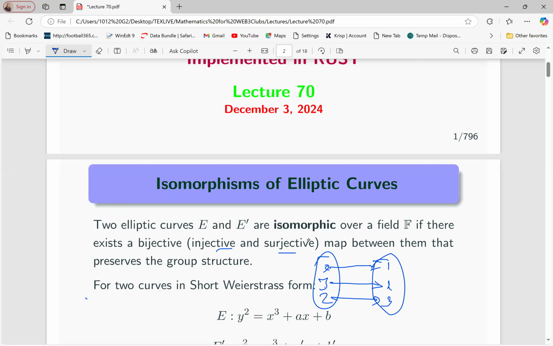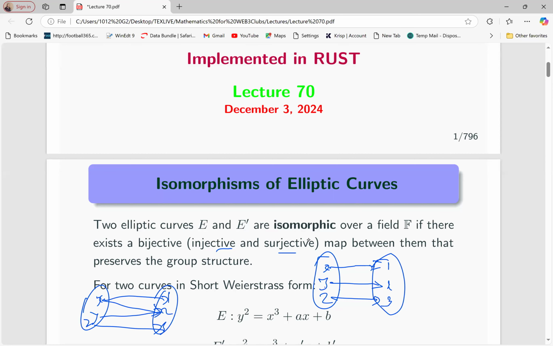Look at this other case. Here I have X, Y, Z, and then 1, 2, 3. I may have X mapped there, and X mapped here, Y mapped there, and then Z mapped there. So you can see that I have one element that has been mapped twice. So this is not a one-to-one mapping. One-to-one means that every element has one image.